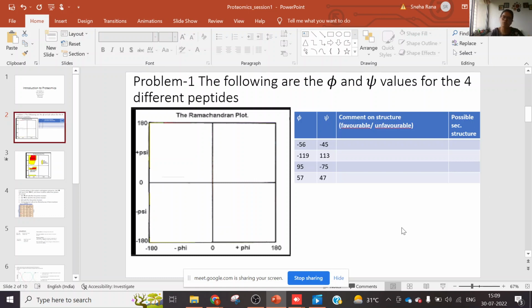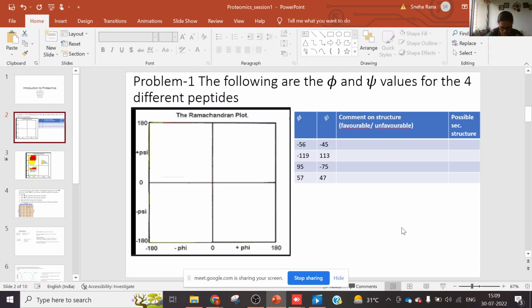As you know, the Ramachandran plot is a very important discovery in protein structure and protein chemistry. What does the Ramachandran plot tell you? It will tell you whether a particular protein structure is favorable or not, and what kind of structure a protein will adopt depending upon its phi and psi values.